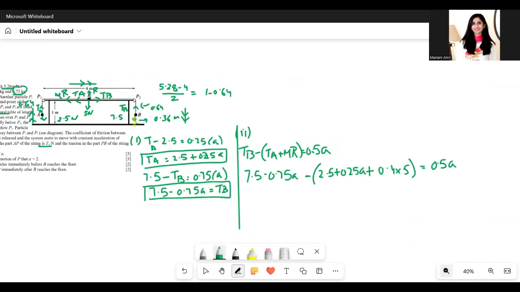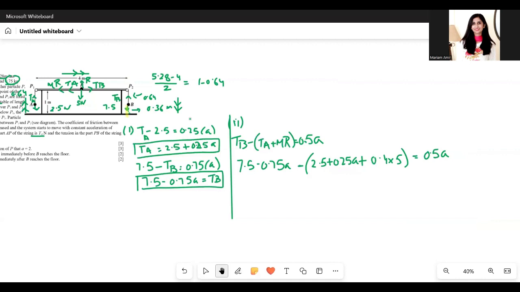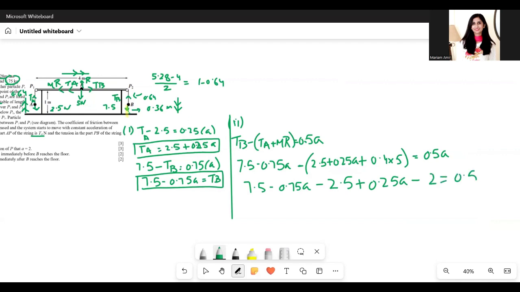Now let's solve this to get the value of a. So we have 7.5 minus 0.75a minus 2.5 minus 0.25a, and then minus 0.4 times 5, it's 2, equals 0.5a.